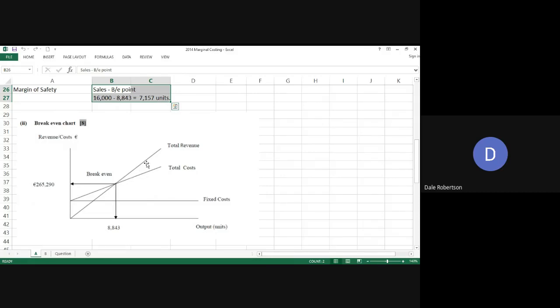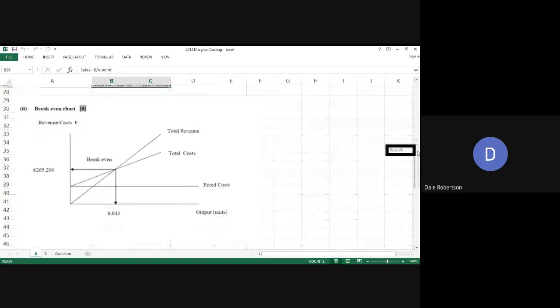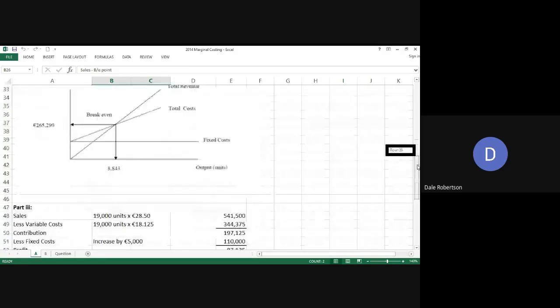And all of this is a profit. And the profit grows the more you produce. And that's called economies of scale. The later units you produce are more profitable, because you have covered your original fixed cost through your contribution. So that's a break-even chart, and you need to have all of those things labeled and inputted in to get your full 8 marks. Now let's look at question 3.